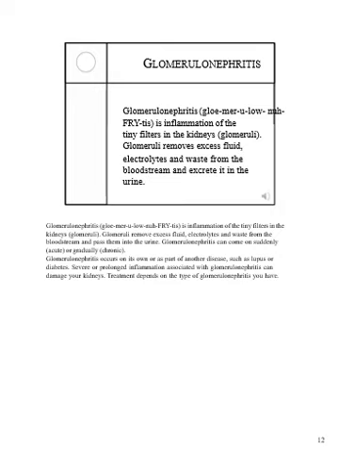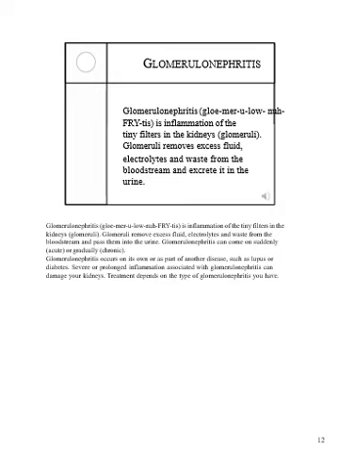Glomerulonephritis is inflammation of the tiny filters in the kidneys, or your glomeruli. Glomeruli remove excess fluid, electrolytes, and waste from the bloodstream and pass them into the urine. Glomerulonephritis can come on suddenly, which is acute, or gradually, which is chronic.